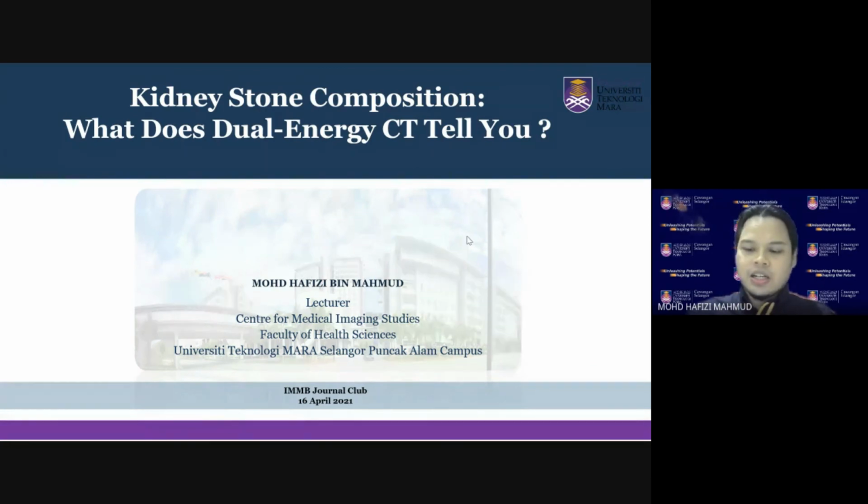Okay, so I'm Muhammad Hafizi Mahmud, lecturer from the Center for Medical Imaging Studies, Faculty of Health Sciences, UiTM Puncak Alam. So I'll be presenting for today's session, kidney stone composition. What does dual energy CT tell you? A little bit of modification on the title. We'll be focusing more on kidney rather than urinary tract.